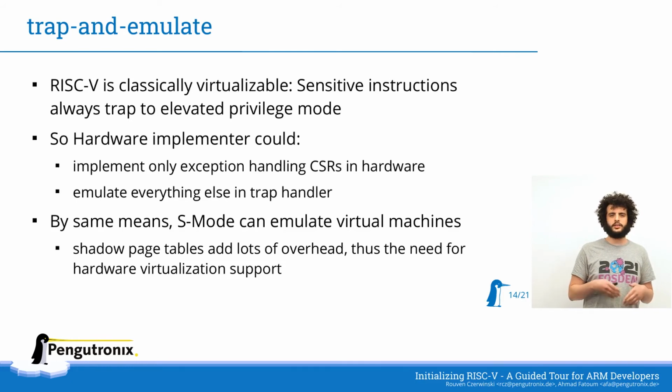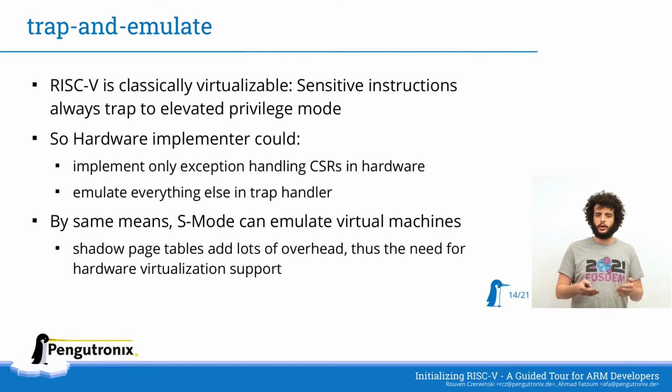So all instructions that are sensitive to the mode you are running on would trap to elevated privilege mode. That means a hardware implementer could get away with just implementing the exception handling CSRs in hardware, and then emulate everything in the trap handler. And by the same means, you could even run virtual machines.